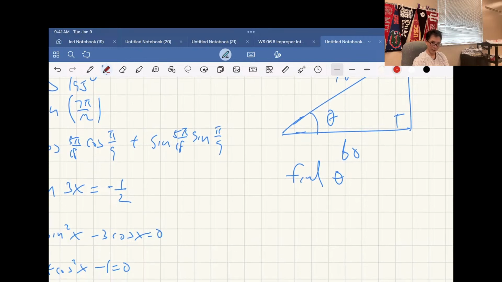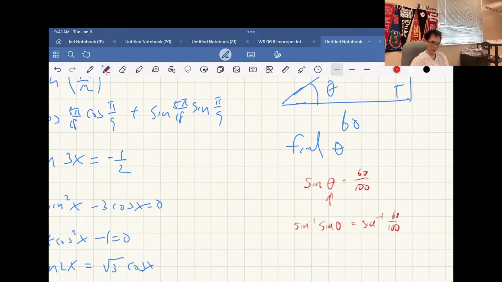Okay, guys. Yeah, inverse. Cosine of theta equal to 60 over 100. In order to get theta, you have to do cosine inverse of 60 over 100. And then theta is equal to cosine inverse of 3 over 5, which is whatever the angle is on the calculator.